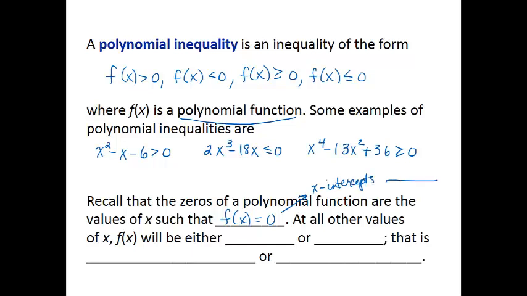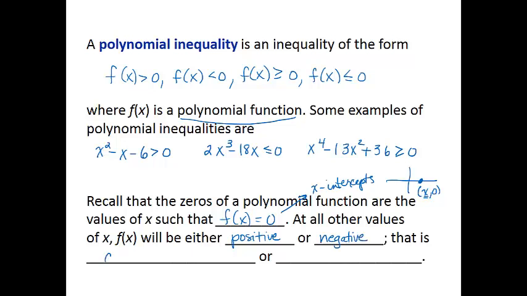Right, graphically, a point on the x-axis represents the ordered pair (x, 0), so that is the x value that produces 0 as the output. At all other values of x, f of x will be either positive or negative.